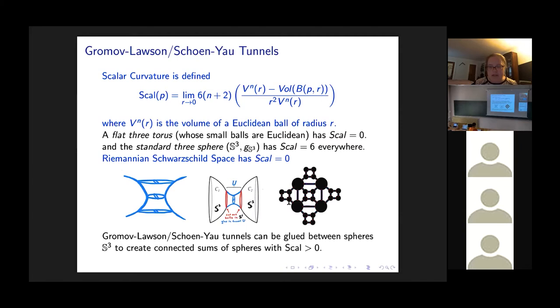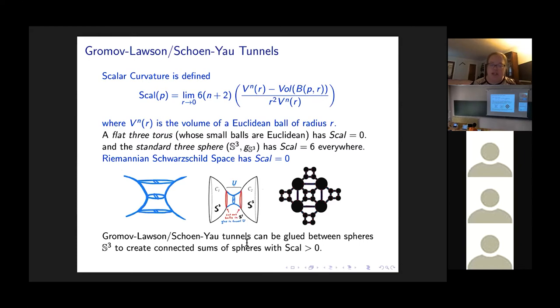And you can make the tunnels have different lengths by putting cylinders of different lengths inside this tunnel region. And since the Schwarzschild part can be made arbitrarily small, you really can glue things with different lengths imposed as desired. Exactly. The Schwarzschild part doesn't contribute so much as the cylinder part.